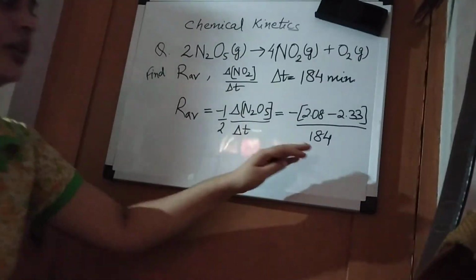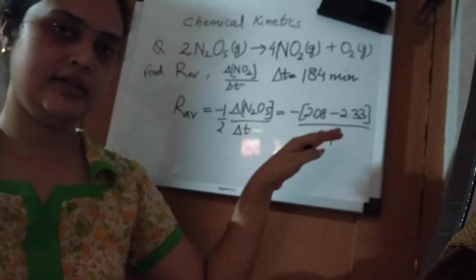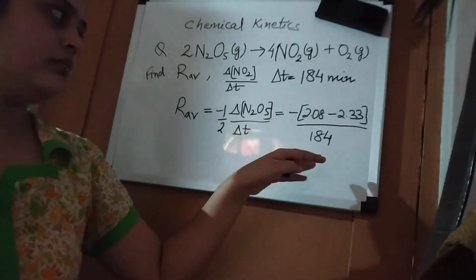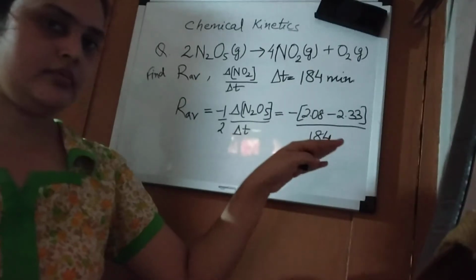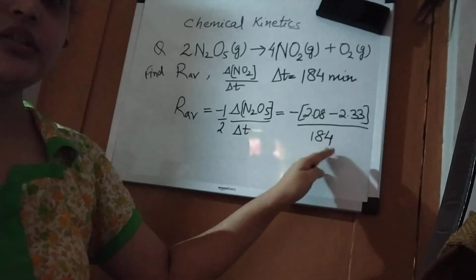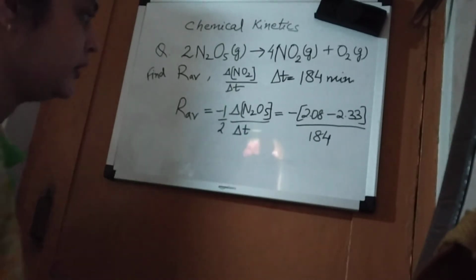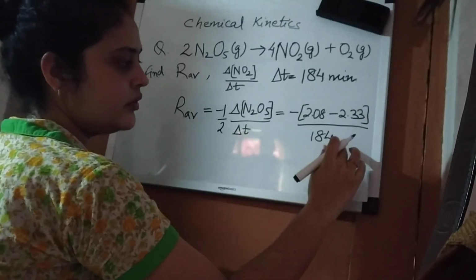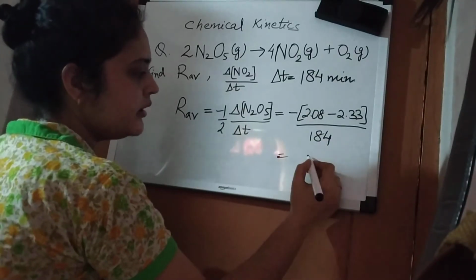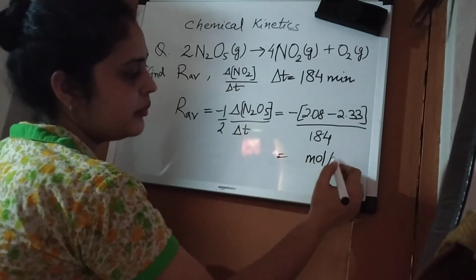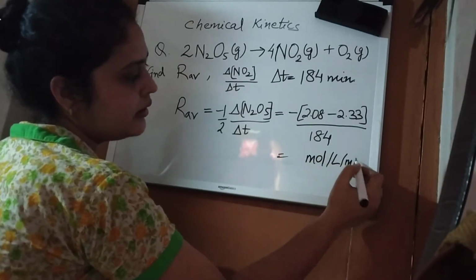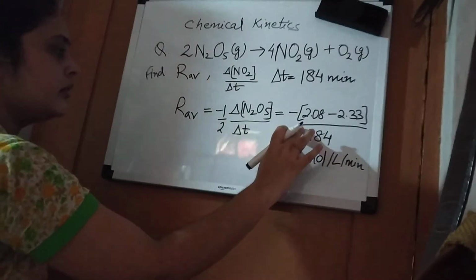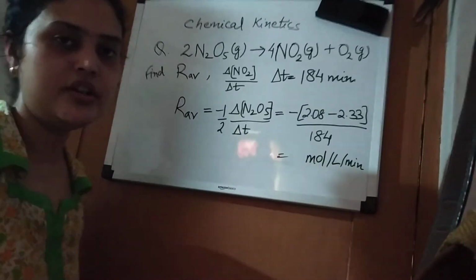If we want to convert it to seconds or hours, you can divide by 60 and so on, and convert the unit as you want. The unit will be mole per liter per minute, so you will get the average rate of reaction.